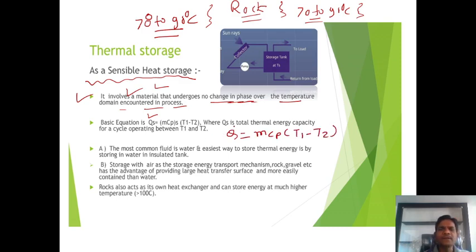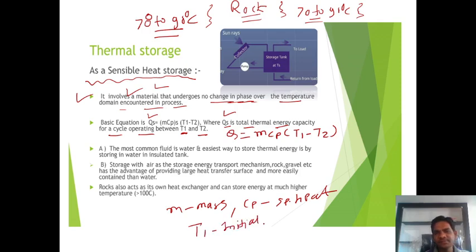Q means total thermal energy capacity, Qs for a cycle operating between the temperatures T1 and T2. So m is the mass of the material, Cp means specific heat, T1 is the initial temperature, and T2 is the final temperature. Suppose you consider a rock, the initial temperature is 10 degrees Celsius.